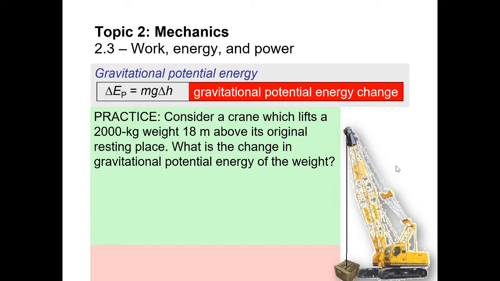Let's do this problem. Consider a crane which lifts a 2,000 kilogram weight 18 meters above its original resting place. What is the change in gravitational potential energy of the weight? So the crane is lifting a 2,000 kilogram weight.